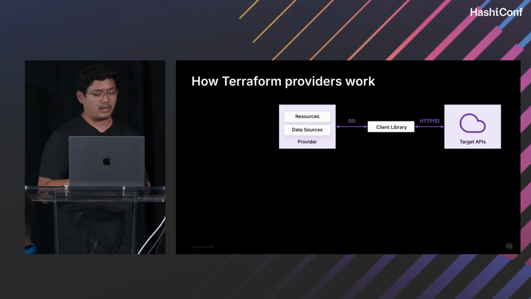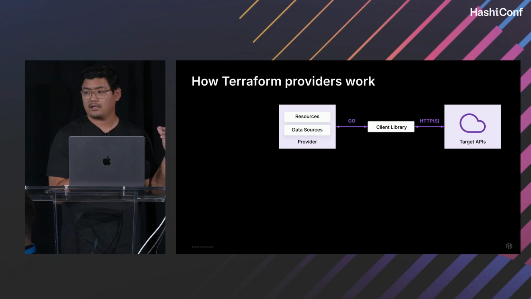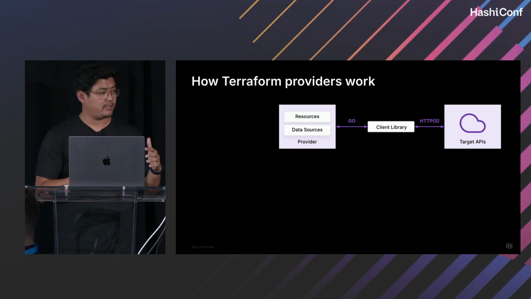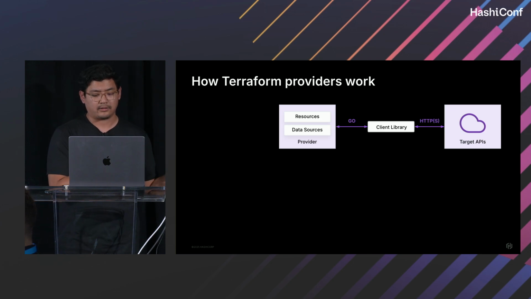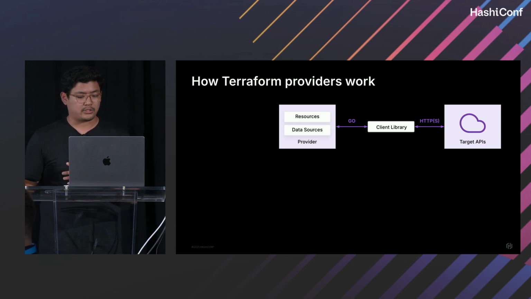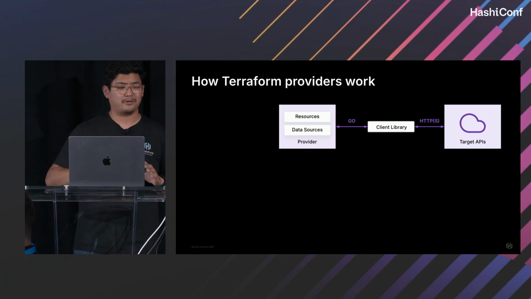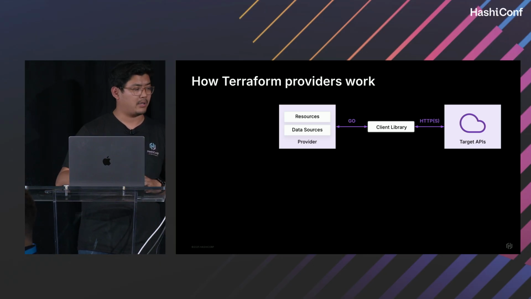The provider themselves, all it should be doing is similar to the Terraform core, where it parses the specific resource or data source schema for each resource or data source and takes that and converts that over to something that the client library will understand. I know this is still very abstract. When we implement it, it will make more sense.